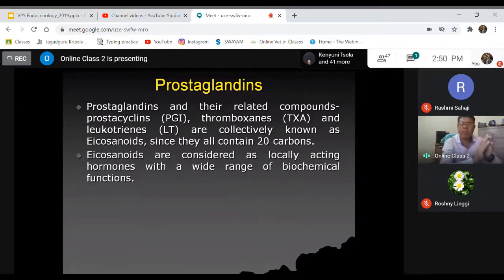Even in the same cell, they may have antagonistic, or opposite, effects. We'll see that when we discuss the functions of the prostaglandins.